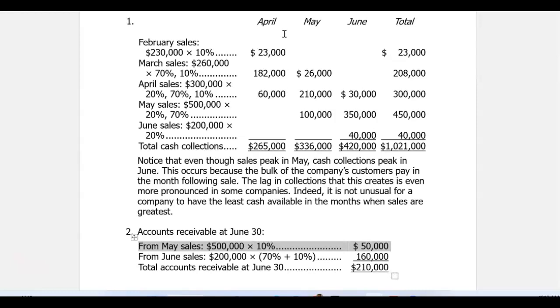Total cash collection for April, just add them up. For May, add them up again. For June, add them. And if you add April, May, and June, it will end up to be total cash collection of $1,021,000. Make sense?